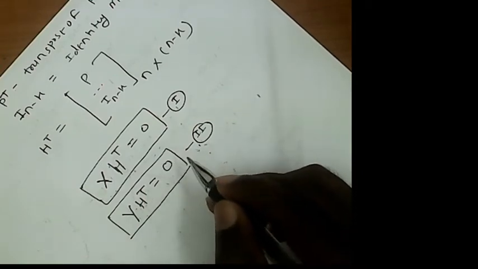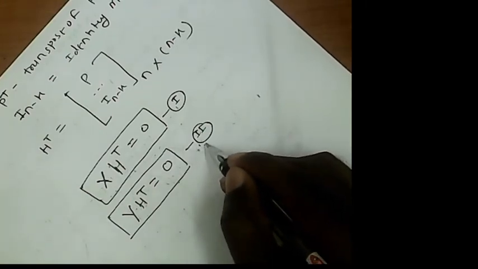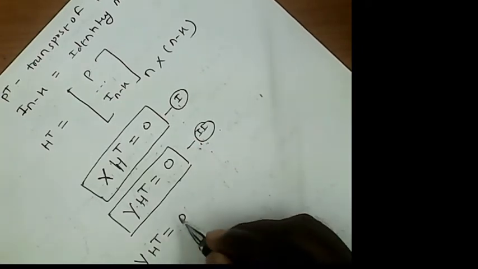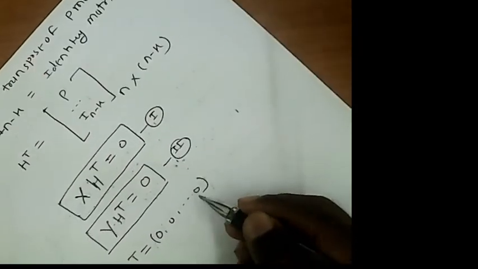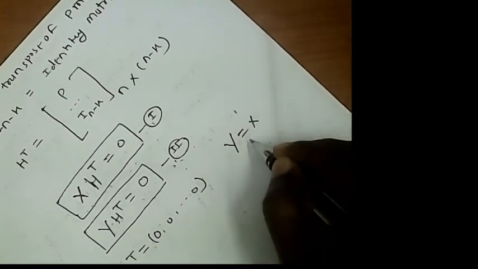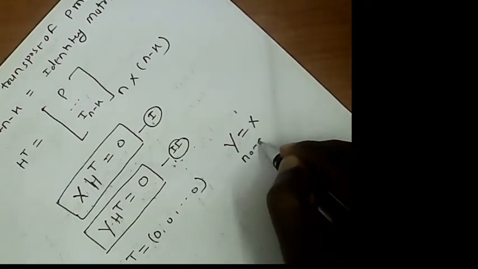So if y × H^T is equal to 0, 0, up to 0, then y is equal to x, meaning the transmitted code word is equal to the received code word.